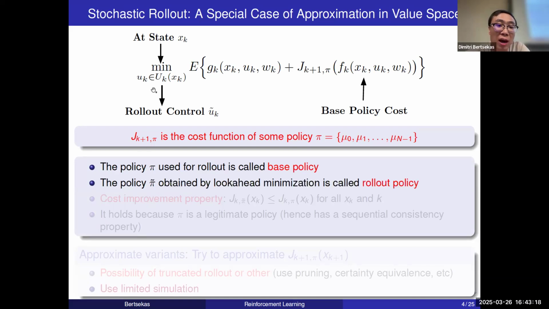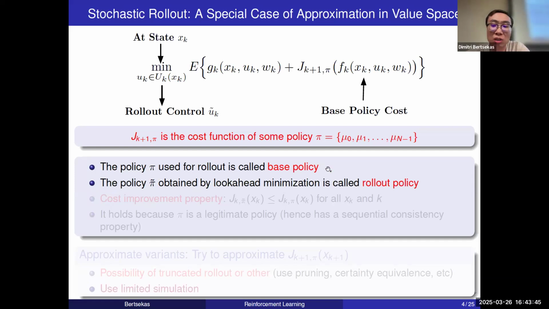And after this minimization, given the current state x_k, we compute some control u_k tilde, right? And this u_k tilde defines a policy that at state x_k, we apply this u_k tilde. So this policy is denoted by π tilde, and we call it the rollout policy.